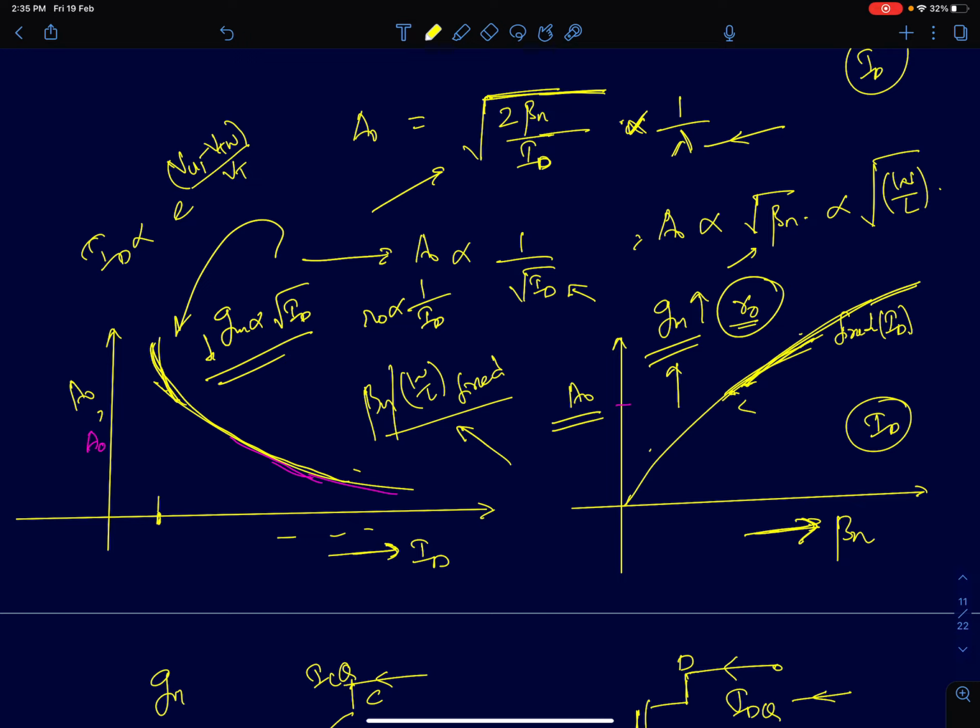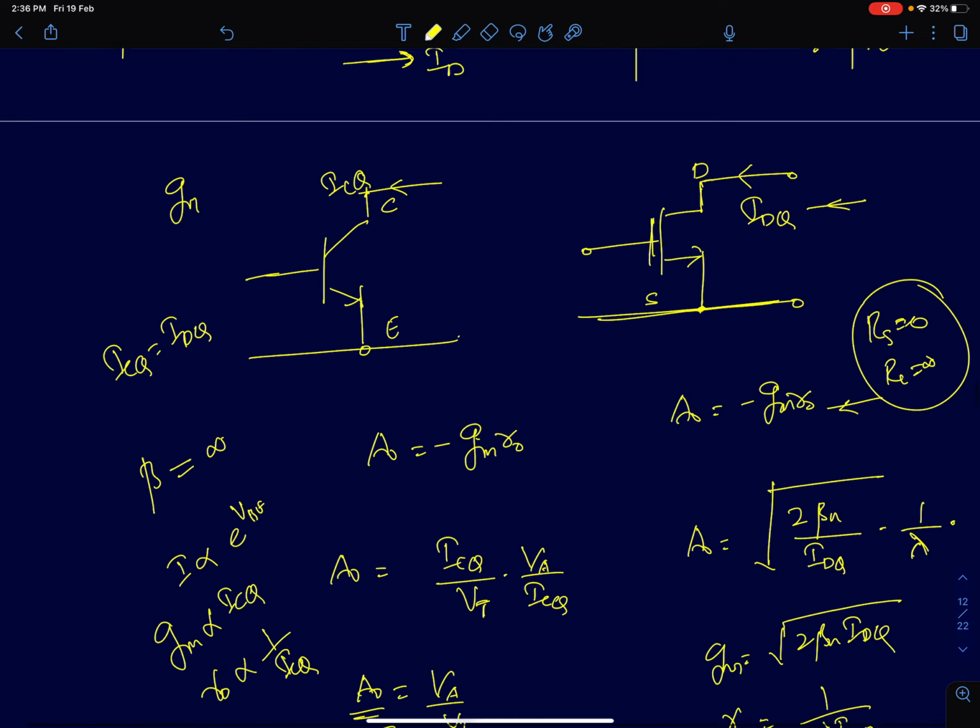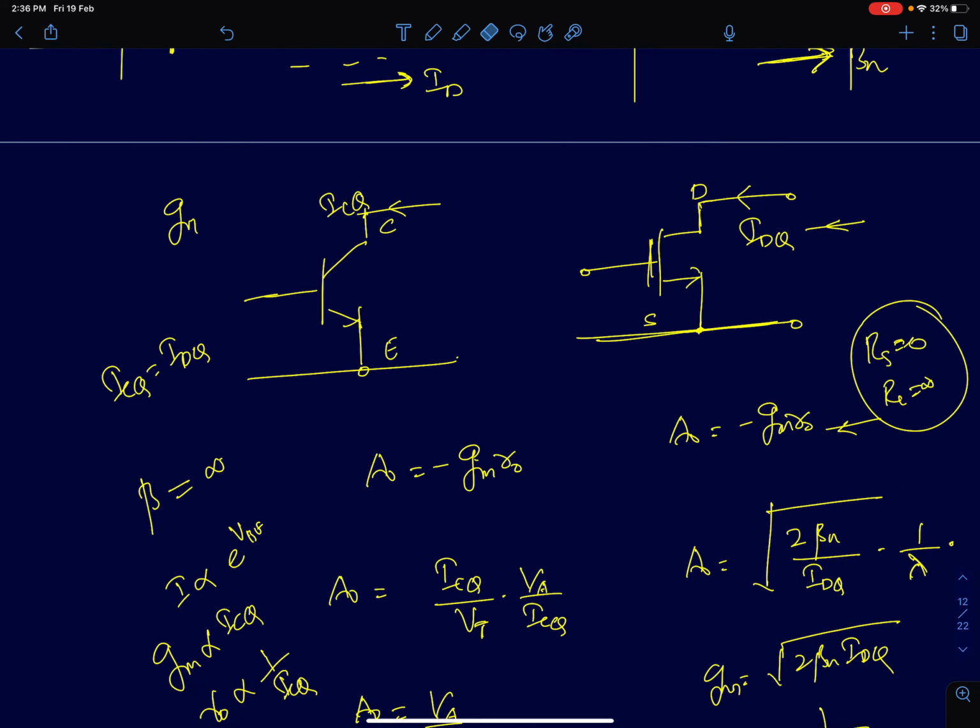But this will not be the case. In fact, we will very briefly discuss and show that it's going to saturate after it reaches a certain limiting value. But before that, I'll quickly make a comparison of BJT with a MOS device.